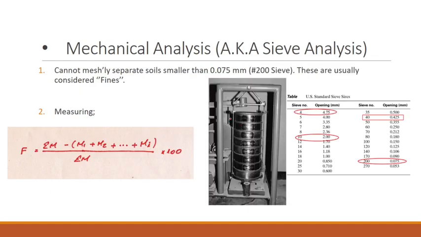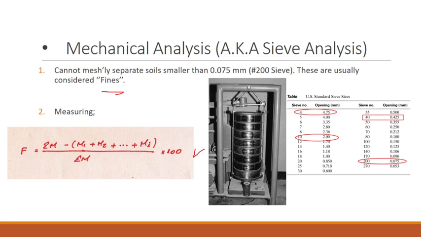In sieve analysis, we wash or mechanically shake the soil through a series of sieves with various mesh sizes. We cannot use mesh to separate soils smaller than 0.075 mm. These are usually considered fines.